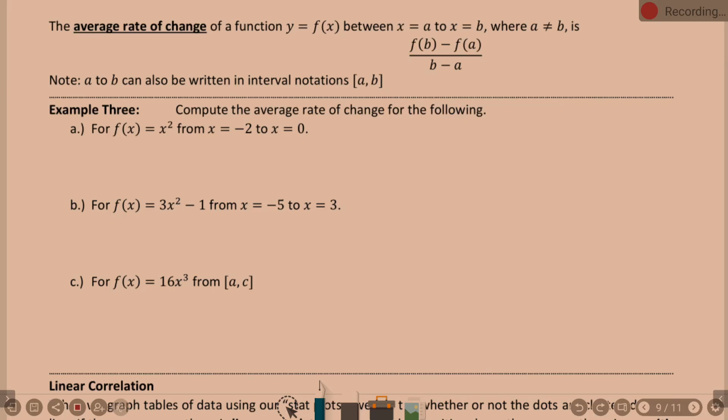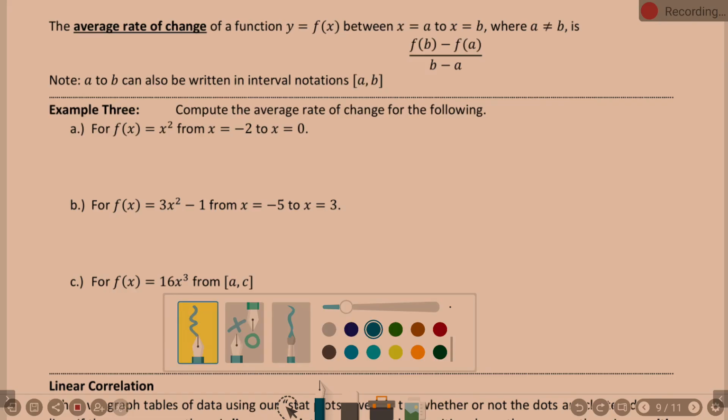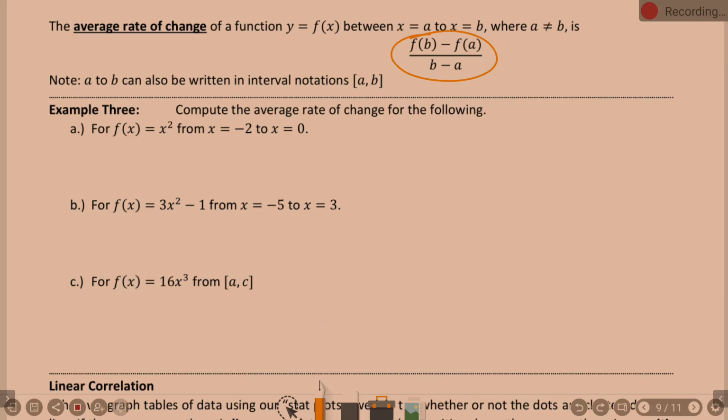Now, I don't know if you're thinking of it this way, but this is very much like saying y minus y over x minus x. Because f of b minus f of a is one y value minus another y value, over b minus a, which are your x values.